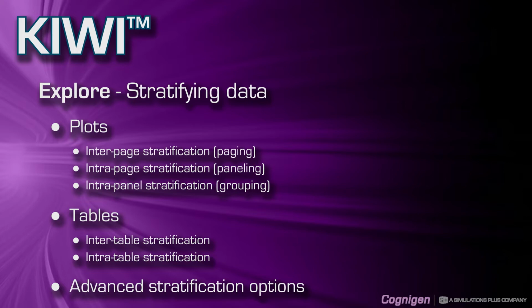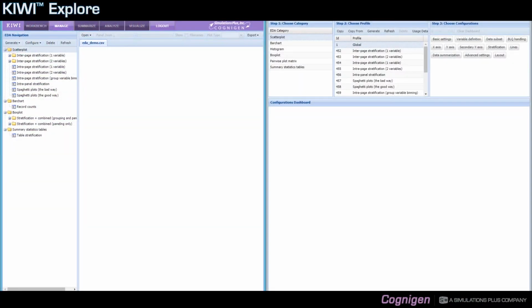For tables, I will illustrate the use of Inter-table and Intra-table stratifications. Finally, to conclude this presentation, I will demonstrate the use of some advanced stratification options. I will now switch to the application.